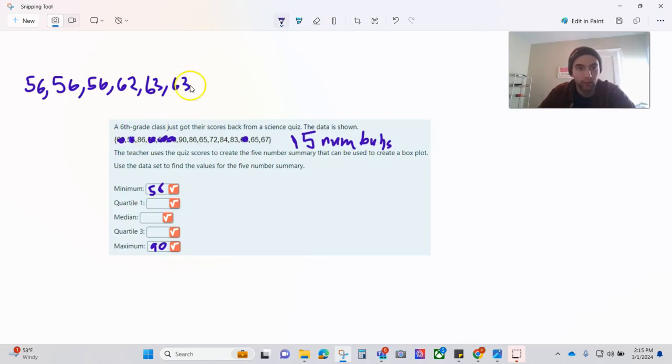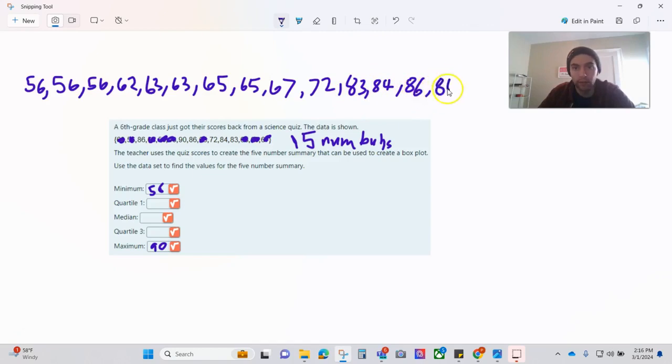Then I have a 65, 2 65s, then I got a 67, then 72, 83, 84, 86, another 86, and my maximum, 90.